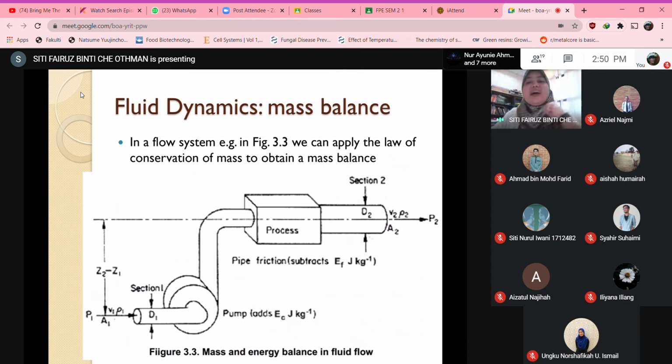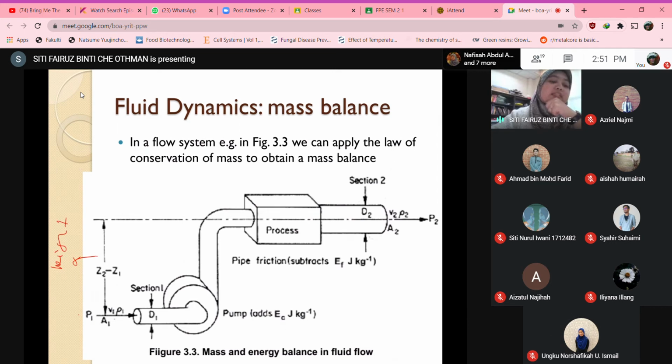Okay, let's see. Ni dia. Alright, so contoh, this is an example of a pipe in fluid dynamics, so that is actually the mass balance. Okay, let's see what is actually involved, the variables involved for you to do this particular mass balance. Let's see apa yang ada. First is the Z. Z is the height.